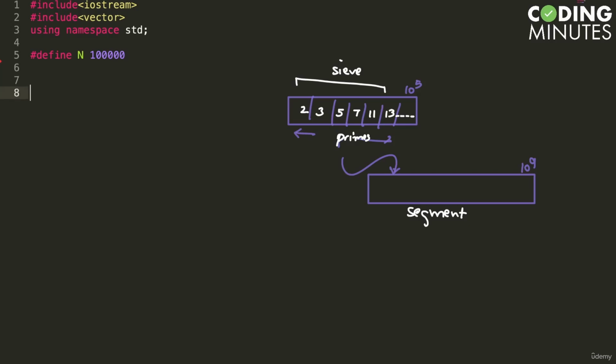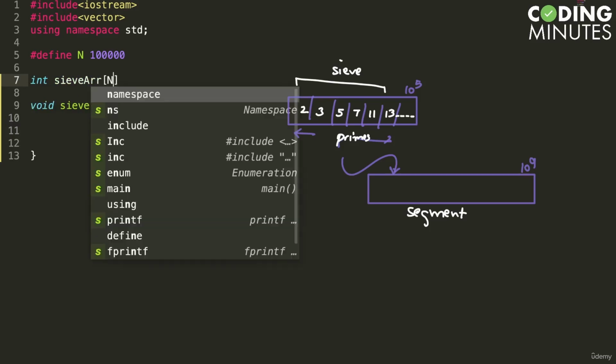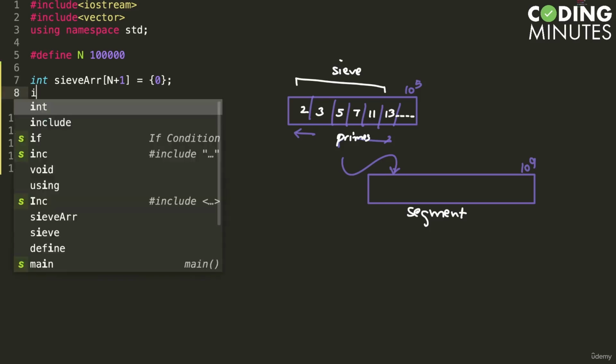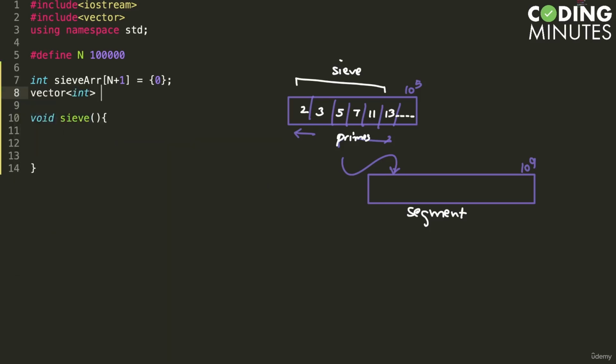All right, so we'll generate the normal sieve, and for that I need a sieve array, where everything is initially set to 0. I also have a vector of primes, and this vector we will use in the segmented sieve algorithm. Let's see how we can construct the normal sieve.